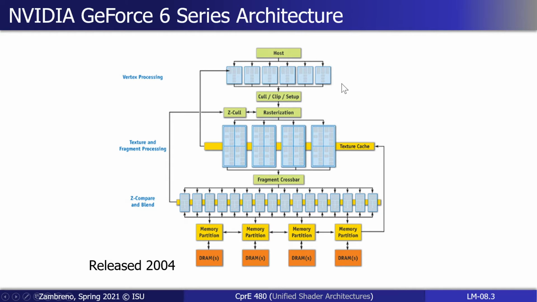In this case, if we happen to have an application with a whole ton of vertices relative to its fragments, it's possible that this design, which makes a static decision of resources, would be inefficient for that. Right? This is a design time allocation of how many cores are going to be doing vertex shading versus how many cores are going to be doing fragment processing. That has made it design time. The chip itself has that physical layout of n number of vertex cores versus m number of fragment cores.